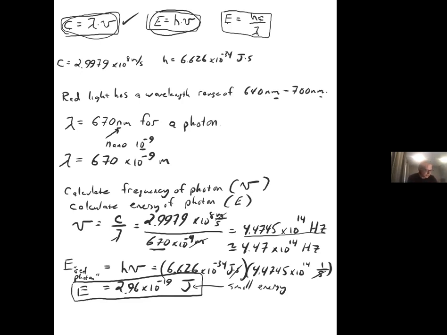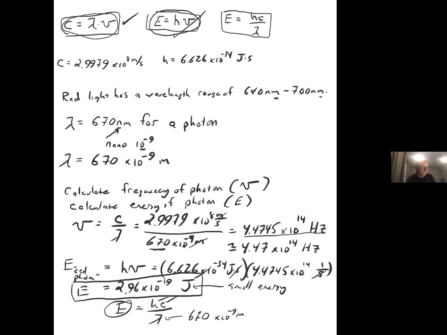We could have said energy equals hc over lambda. We could have put those two numbers in, and we could have put this number in. And that would have given you the same answer. You would have got this one here. But I decided to go ahead and use this one directly.